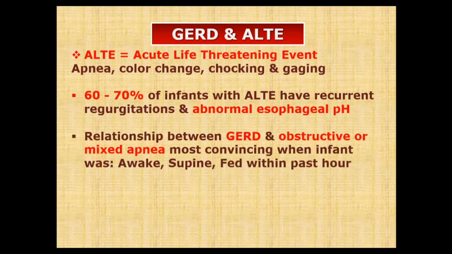And the usual history is an infant who is awake, supine, and fed within the past hour, then develops obstructive or mixed apnea. So you have to think about gastroesophageal reflux disease. I will repeat: if you have an infant with obstructive or mixed apnea, and they have a history of being awake and supine and fed within the past hour, you have to think of gastroesophageal reflux disease.